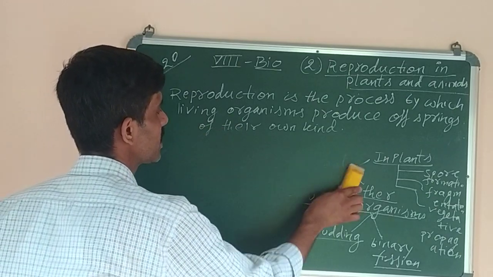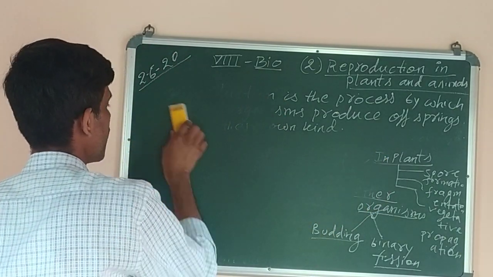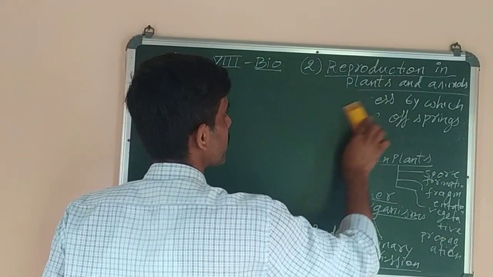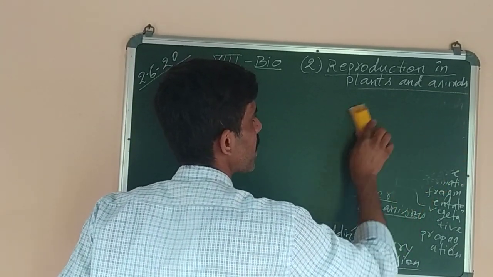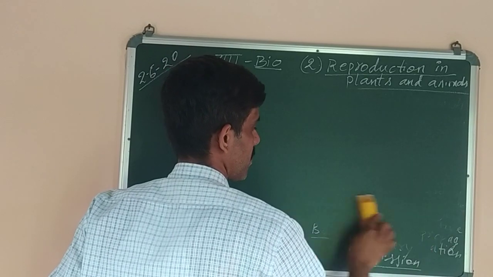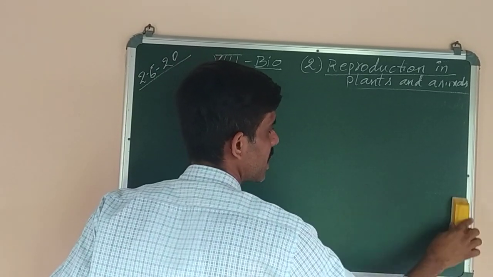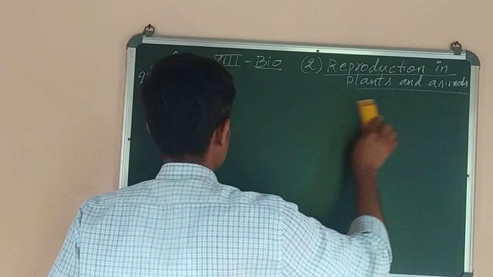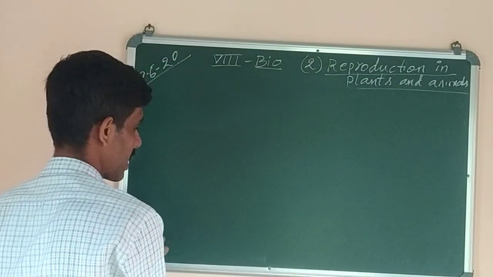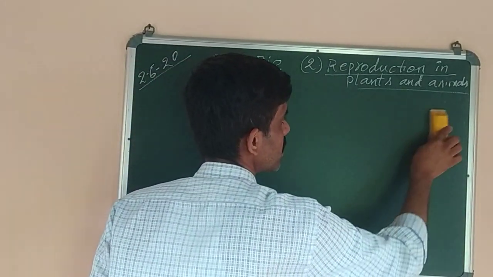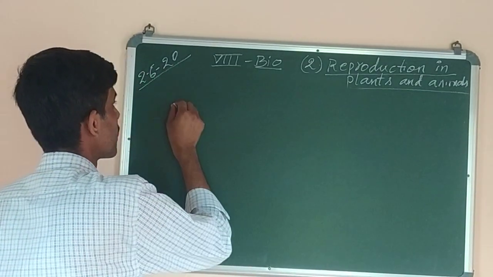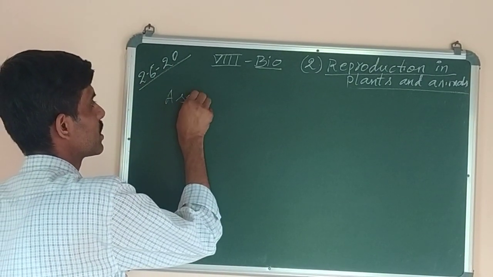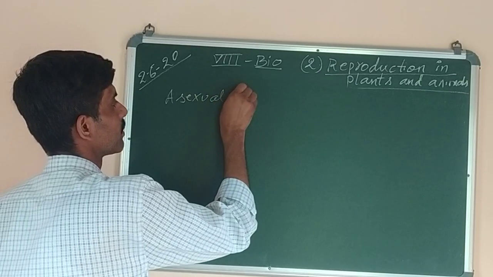So first, what is asexual reproduction? The definition of asexual reproduction is, it is the process by which the body of a single organism divides to produce young ones of their own kind.